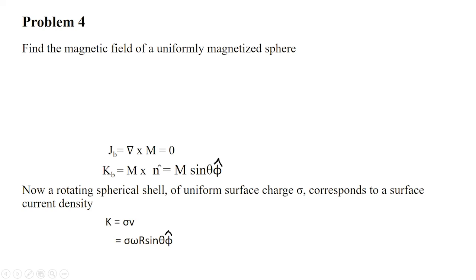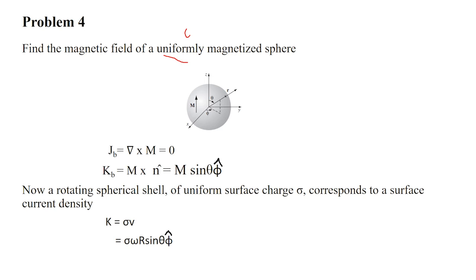Now we can see the fourth problem. Find the magnetic field of a uniformly magnetized sphere. Let's see the solution. Consider a uniformly magnetized sphere, meaning a constant magnetization.